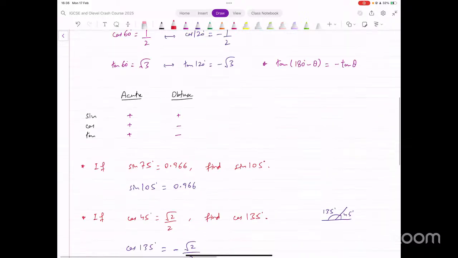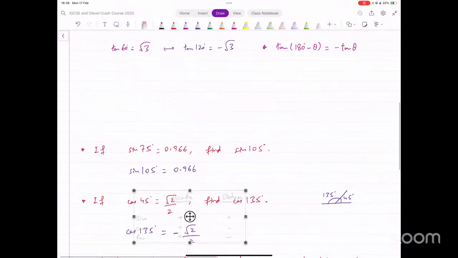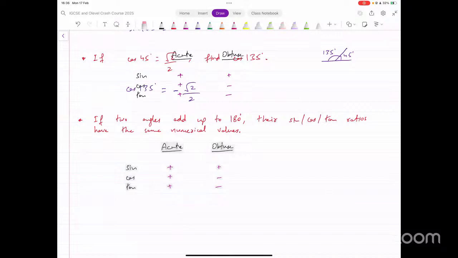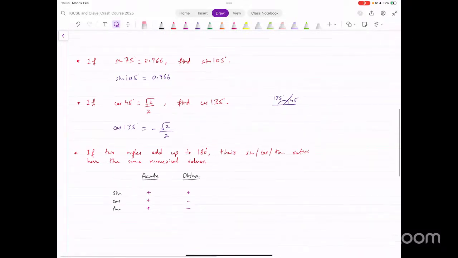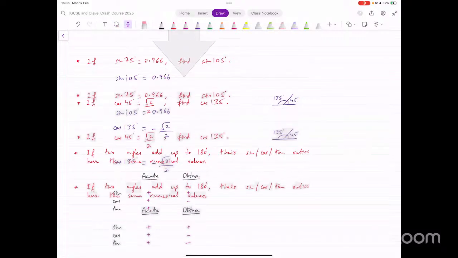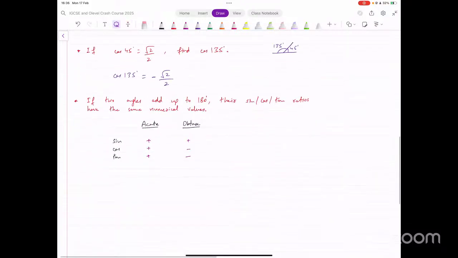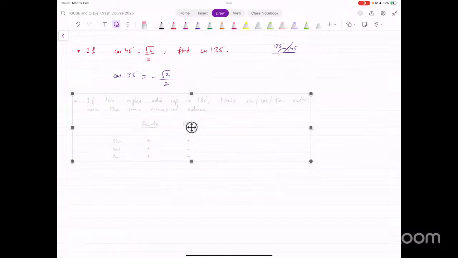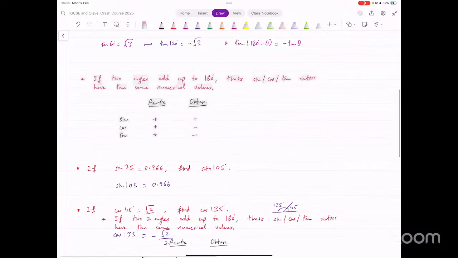The only difference is for acute angles, sine, cos, tan are going to be positive. And for obtuse angles, for sine function, both of them are positive. Write that here.